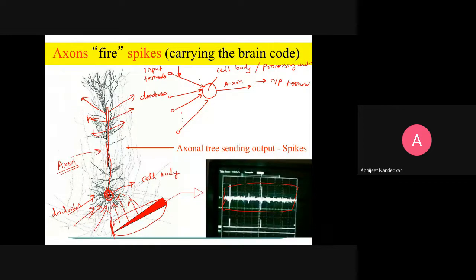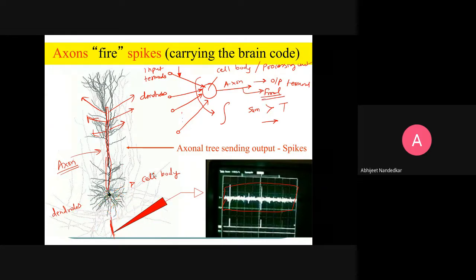So what happens is, at this position there will be some kind of integration over a period of time. All the signals will be added over a period of time, and if this sum is greater than some threshold, then the axon will get fired. So output will be produced.